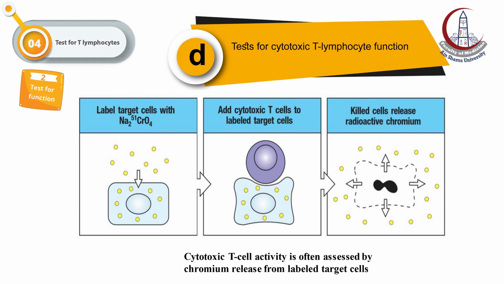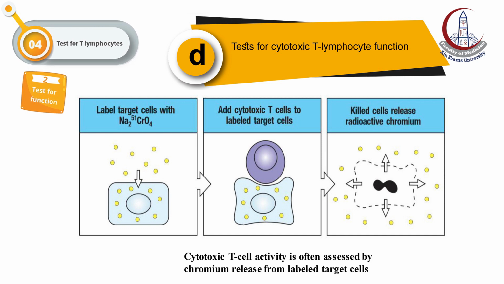The target cells are labeled with radioactive chromium. They are washed to remove any excess radioactivity, and they are exposed to the cytotoxic cells. The cell destruction is measured by the release of the radioactive chromium into the medium after the target cell is destroyed, and this is detectable within 4 hours of mixing the target cells with the T cells.